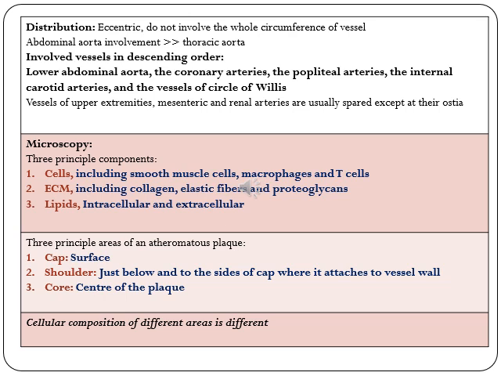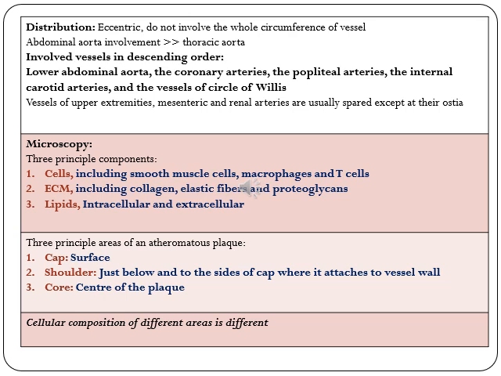Shoulder is the area which is just below and to the sides of the cap, where it is attached to the vessel wall, and core is the center of the plaque where the lipid debris and foamy macrophages will be. So this is how these atheromatous plaques can be divided depending upon various cell constituents and depending upon their various zones.